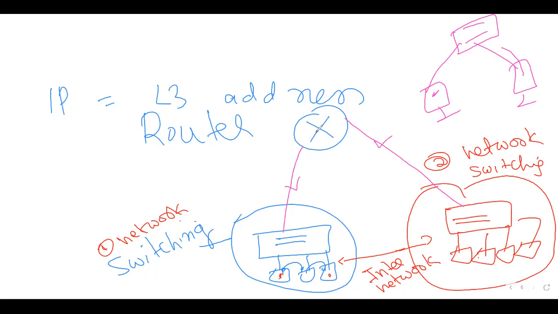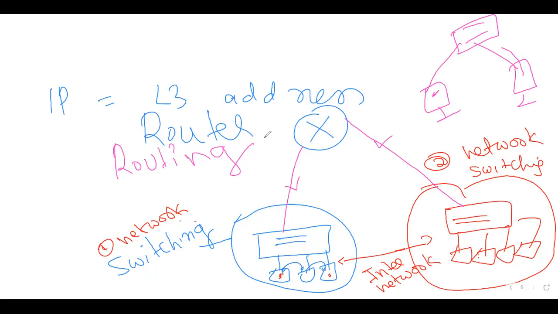This function is called routing. So we have switching, we have routing. Sending data from the same network to the same network is switching, and from one network to a different network is called routing.